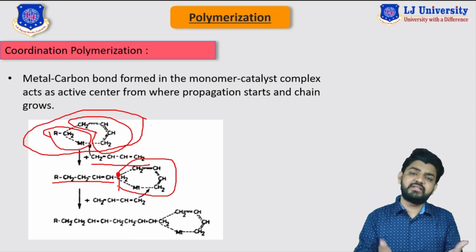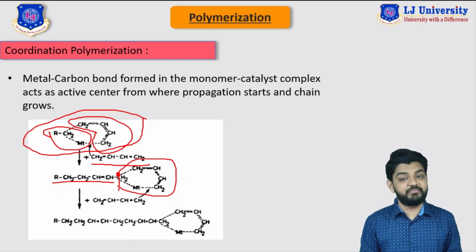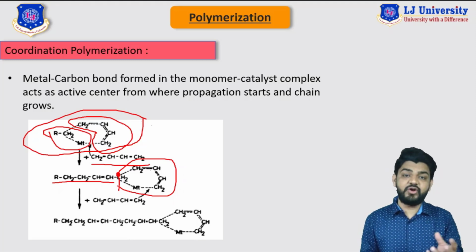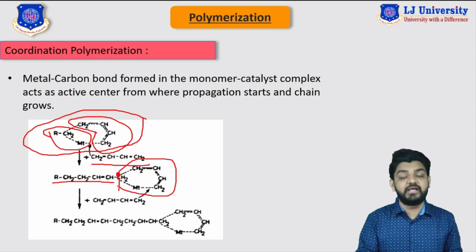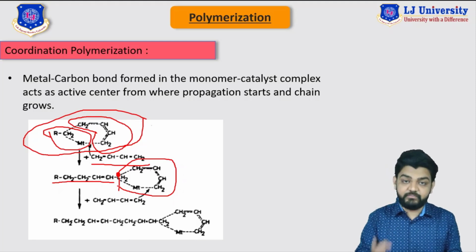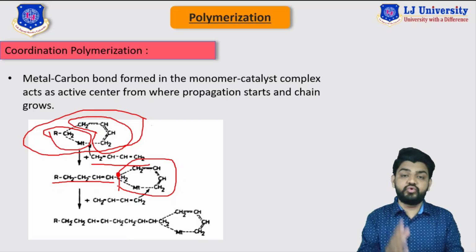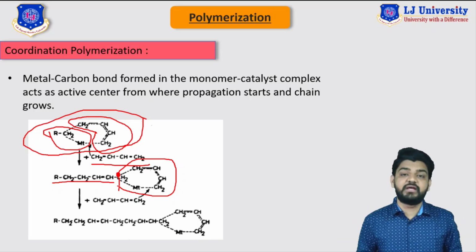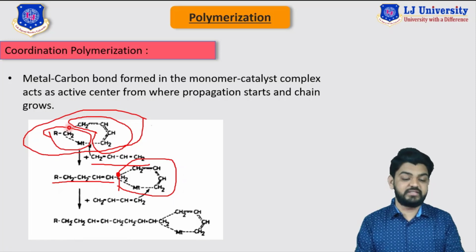So a similar thing is happening here in coordination polymerization. But instead of any electron or any ion, here we are shifting the entire ring structure that we produced in the initiation step to the last carbon of the long chain. You can see here that this ring structure was on the intermediate carbon.